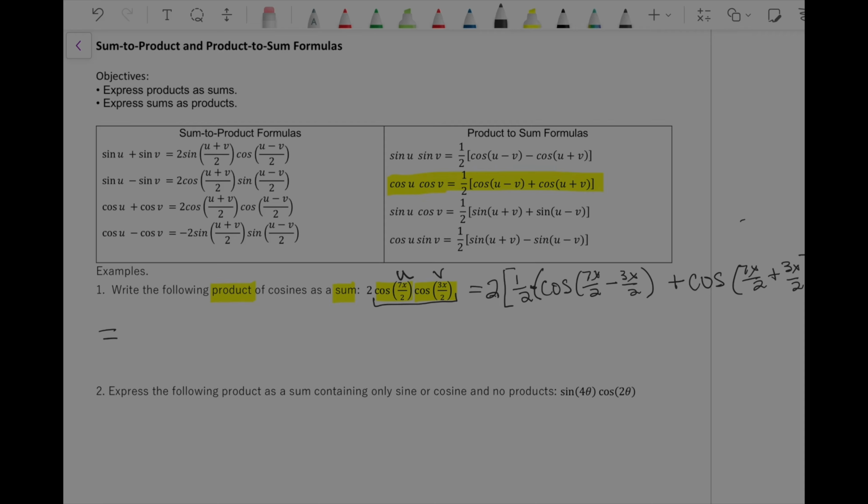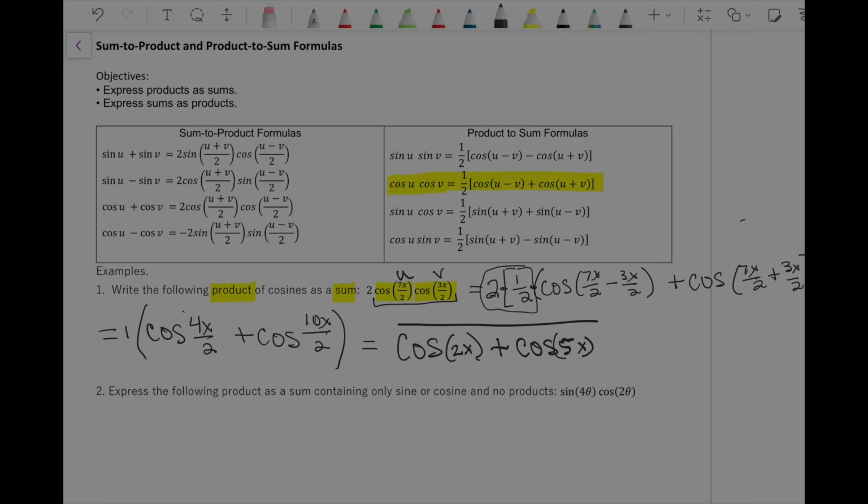This is a product here, this is a product here, so I can clean up this stuff. Cosine 4x over 2 plus cosine 10x over 2. One last time, I don't need the 1 in the front. Cosine 2x plus cosine 5x. There you have it.